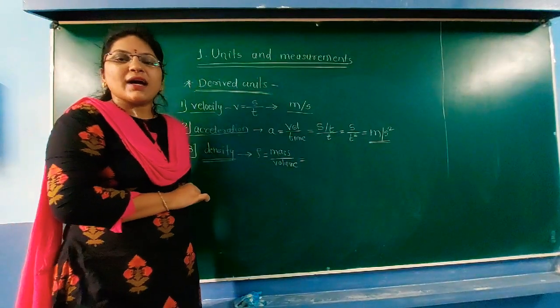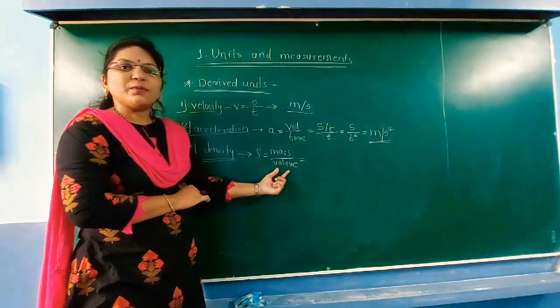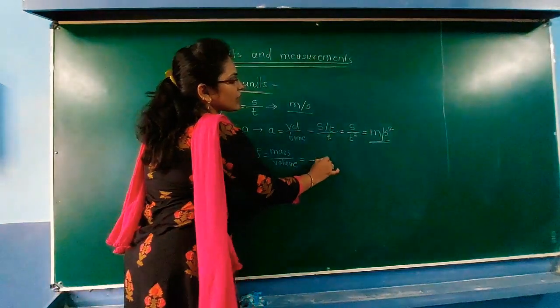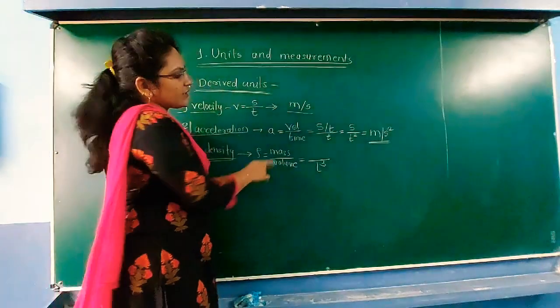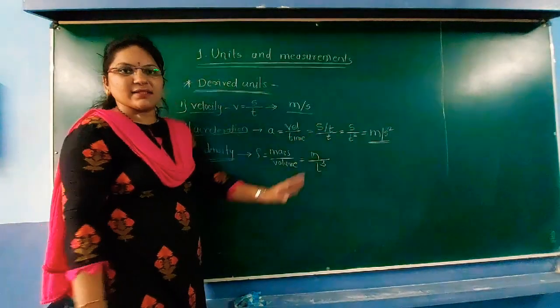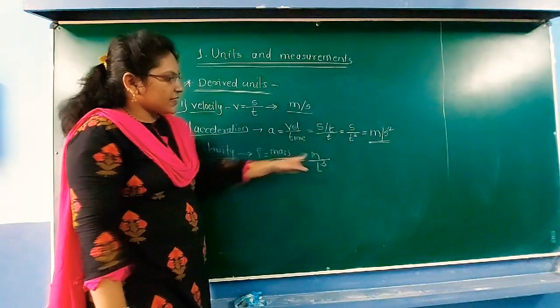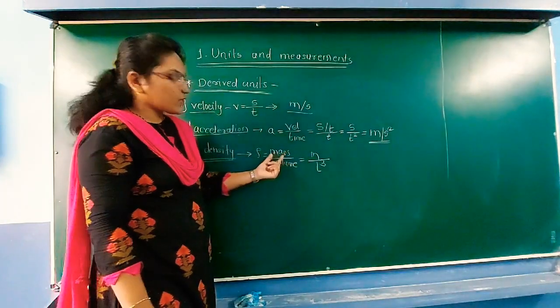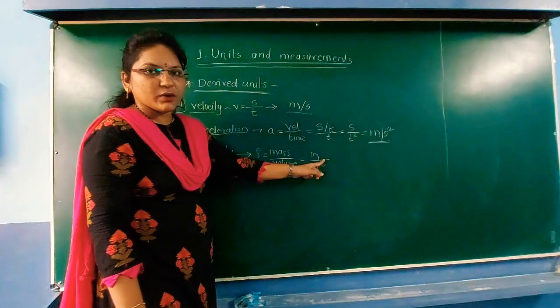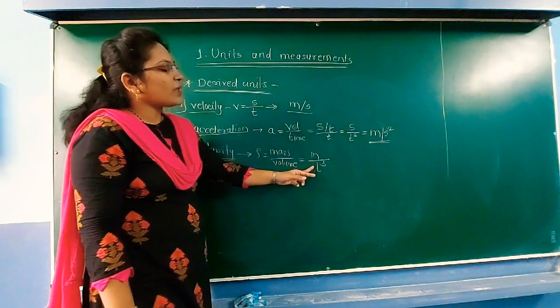All of you know that volume is represented by the formula L cube. Okay, then what is mass? Mass is the fundamental quantity, it remains as it is. M is written in place of mass and volume means L cube. Then m upon L cube.